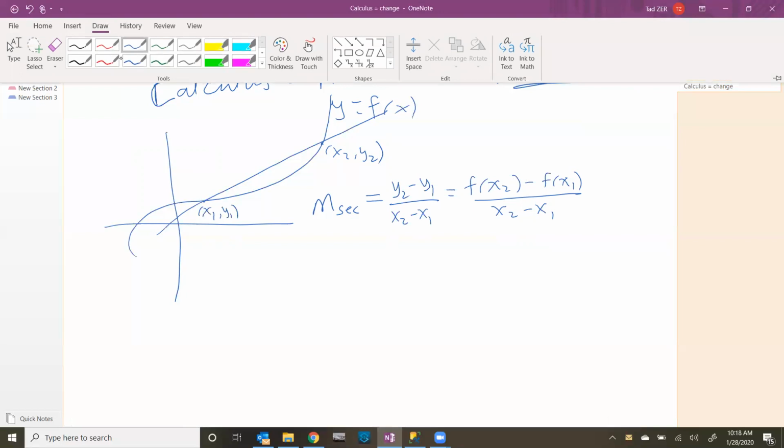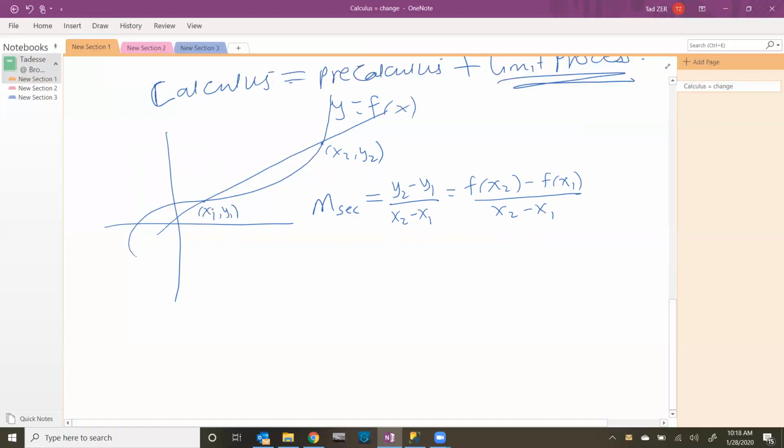Now look at what happens. Here this is what we call the change in x. Now instead of that line, if I draw another line, something like this, this is x3, y3. Now what is happening to delta x? If I keep doing that, x4, y4, the change in x is getting smaller, sufficiently close to 0.